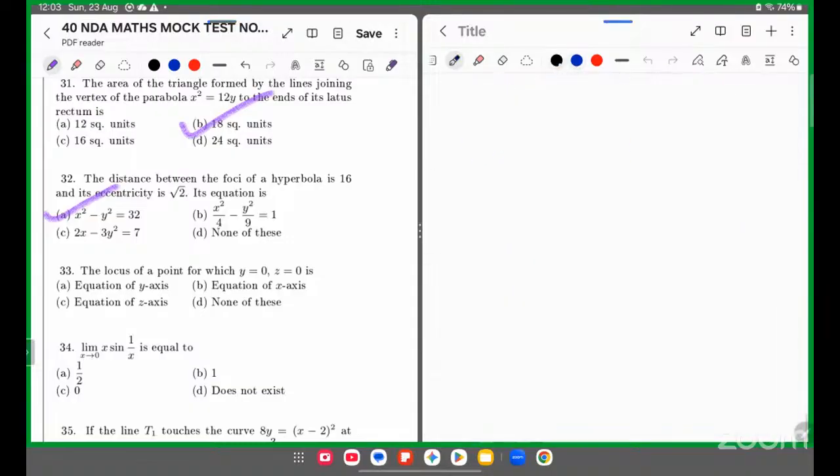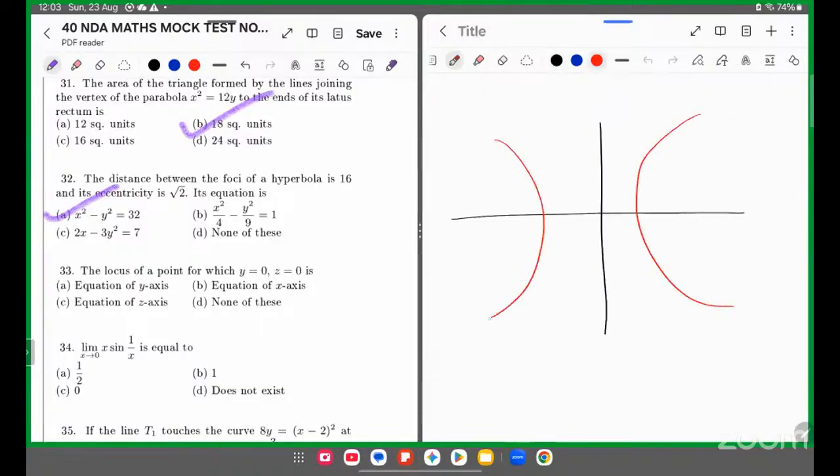That means you consider a hyperbola. This is minus a comma 0, this is plus a comma 0. The foci are minus a comma 0 and plus a comma 0.